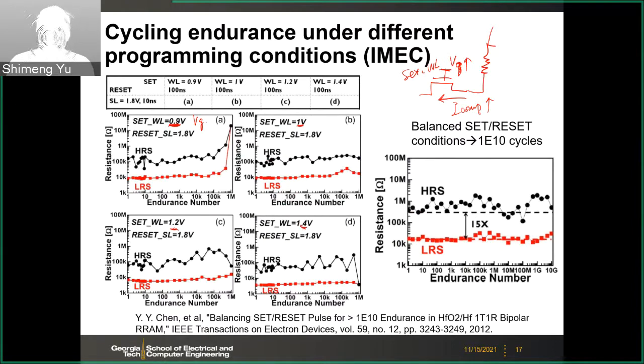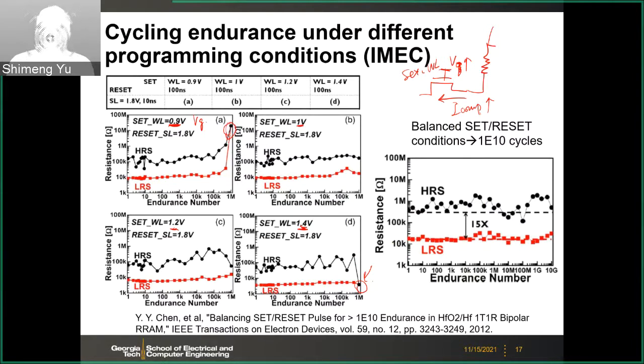You see that if the set is weak initially, the failure mode is they get stuck at high resistance state because the set condition is weak. But as you increase the set condition strength, for example, to 1.4 volts, you see the failure mode is that the device gets stuck at the low resistance state.